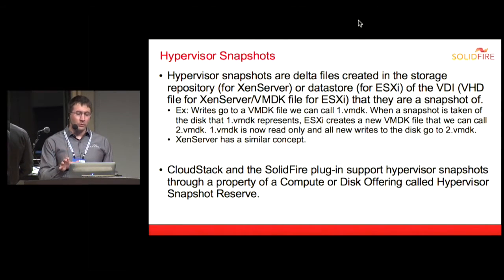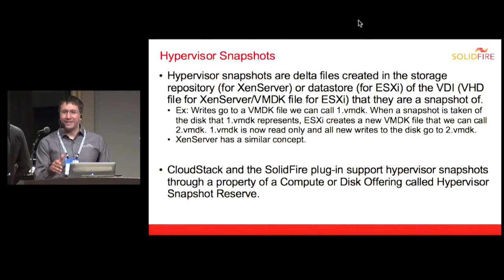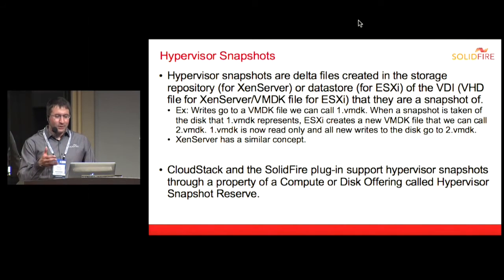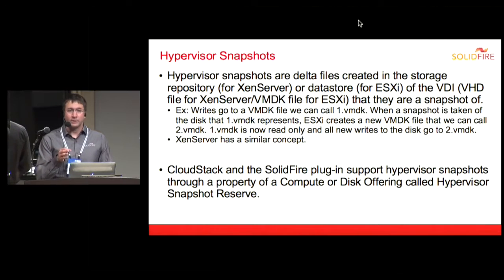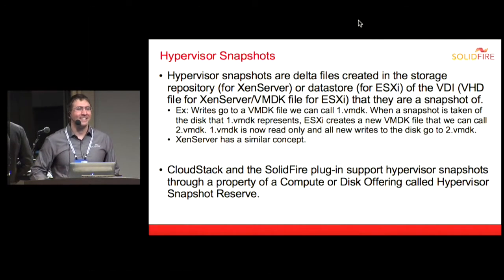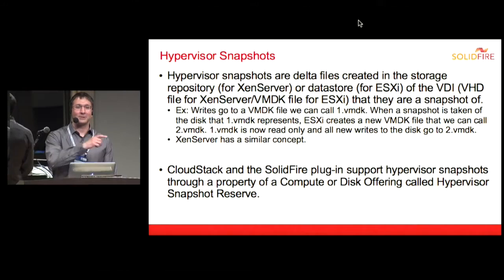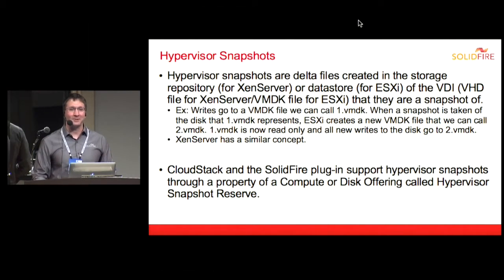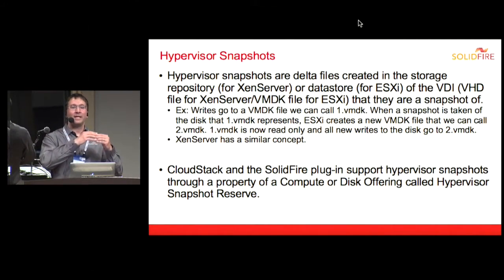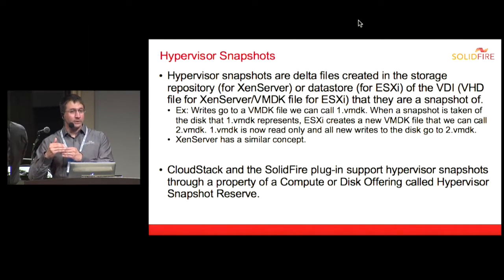The way you control this is through that property that I glossed over, the hypervisor snapshot reserve. When you create a storage repository, I'm sorry, someone just told me how much time I have. I didn't see. How much time was that again? One minute. Oh, I better speed it up. All right, so you can control this through hypervisor snapshot reserve. This is your ability to make the storage repository larger than that single virtual disk image.